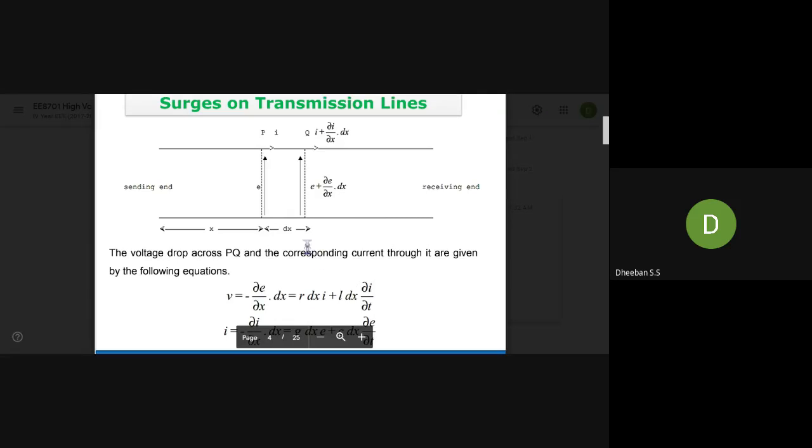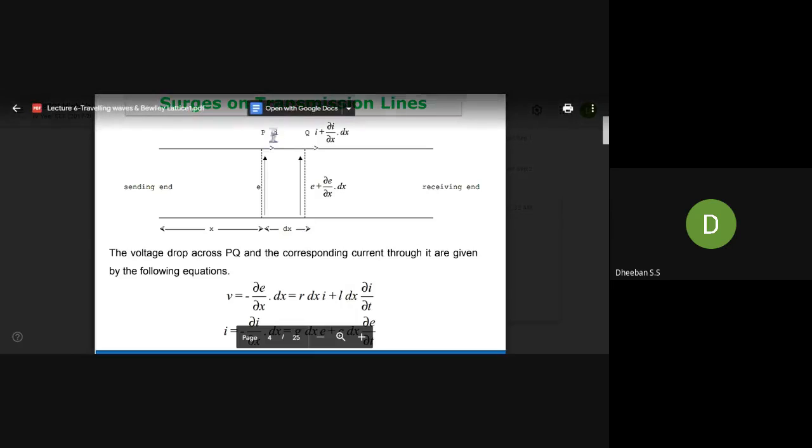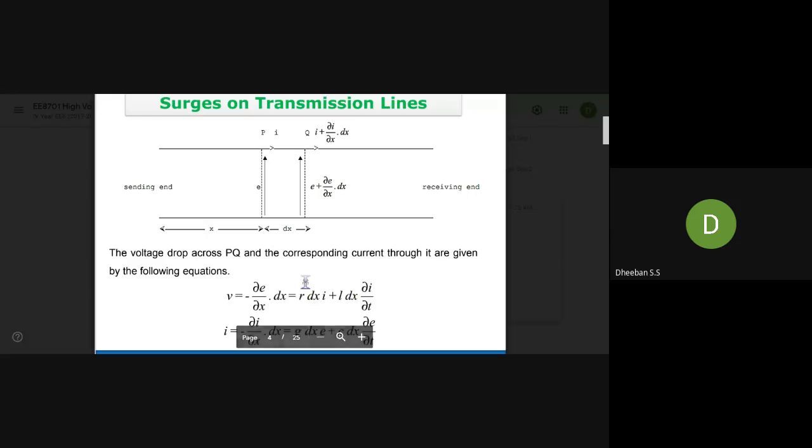The voltage drop is I into R. If there is a resistance, it is I into R, which is normal Ohm's law. But here we are taking a small change, so you have to multiply with the change in distance.